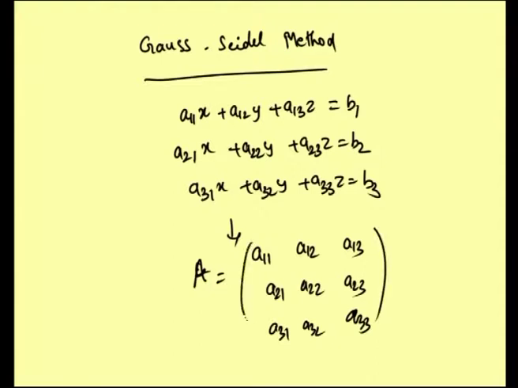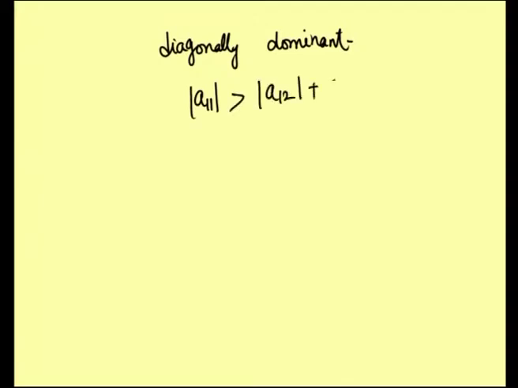To check whether this matrix is diagonally dominant, each element in the diagonal should be greater than the sum of the other two elements in its row. That is, the matrix is said to be diagonally dominant if the modulus of a11 is greater than the sum of the moduli of the other elements.